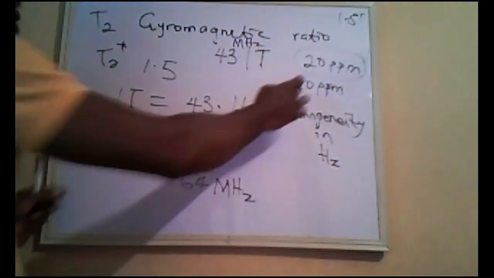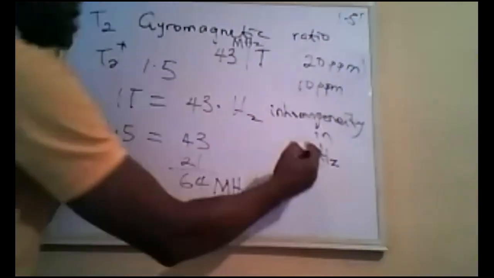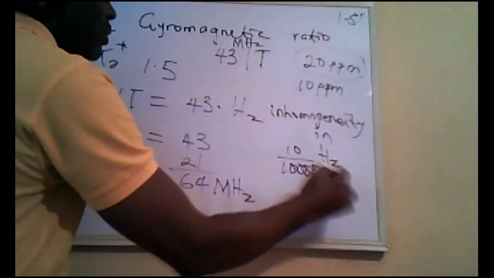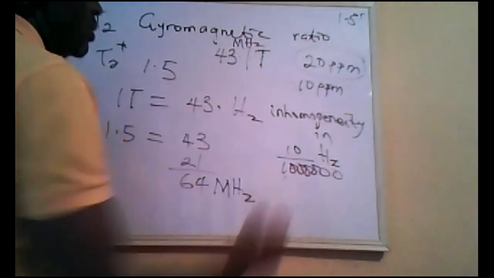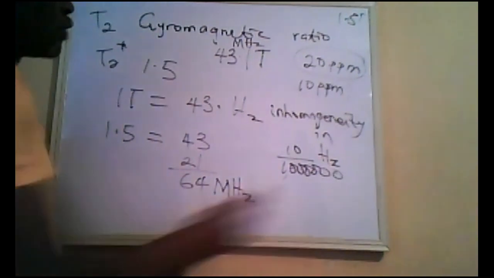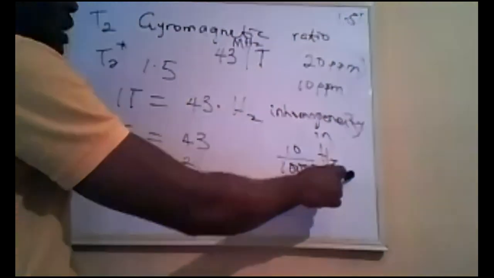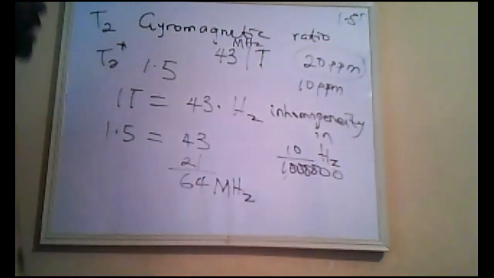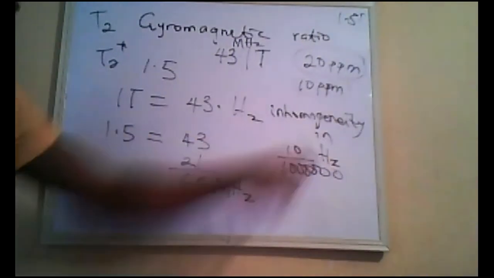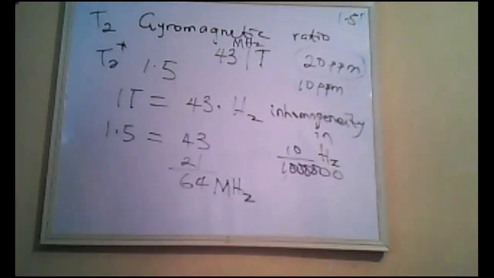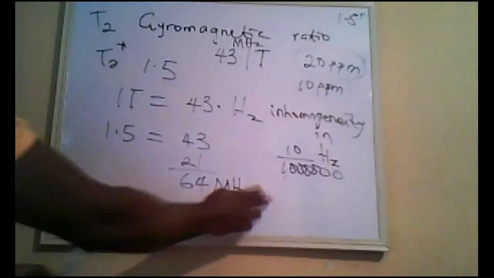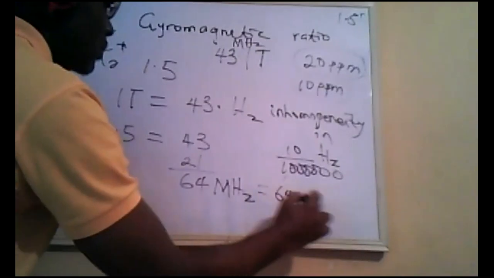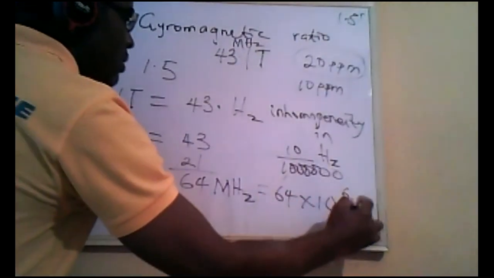That is actually a factor which is 10 over 1 million. So for 1 million hertz, we are going to have an inhomogeneity of 10 hertz. This 64 megahertz is 64 times 10 to the power 6 hertz.